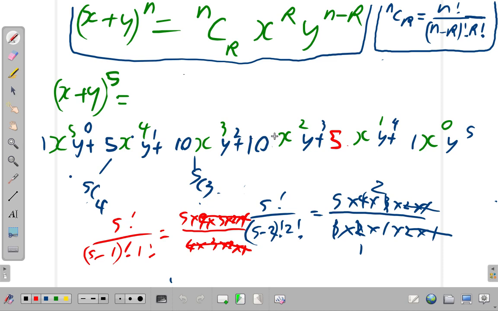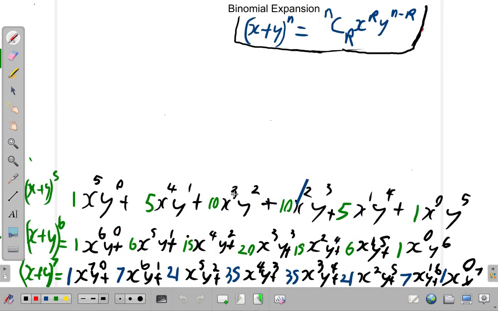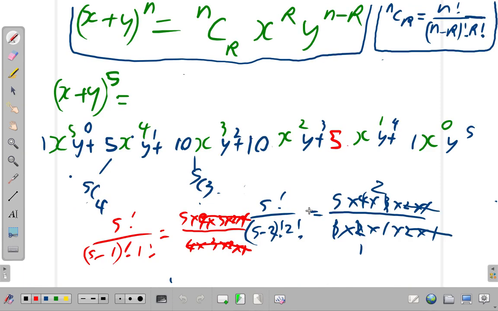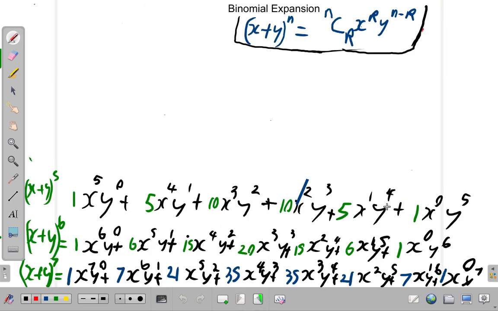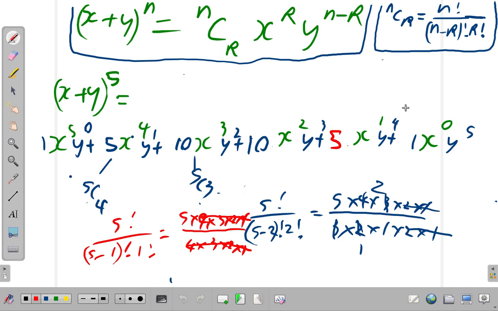Then 10 x^2 y^3. Okay. Then 5 x^1 y^4. And then we have 1 y^5. Nice. This is good. So this is the expansion of (x + y)^5.